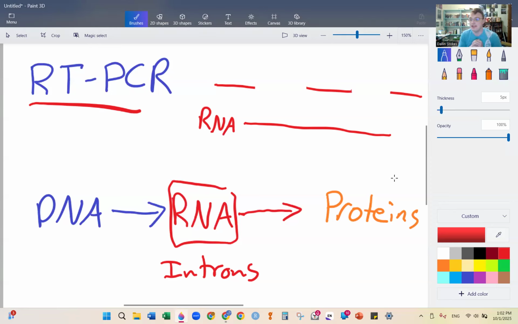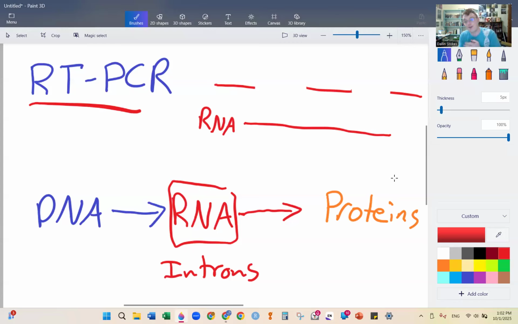For example, if I were trying to move a gene into bacteria, which we'll learn about how you can do in week 10, bacteria don't have introns in their DNA. So if I gave them a gene from a human, they wouldn't know what to do with it because they don't know how to remove introns. So I'd want to remove the introns first.